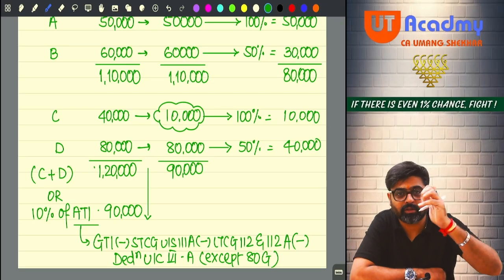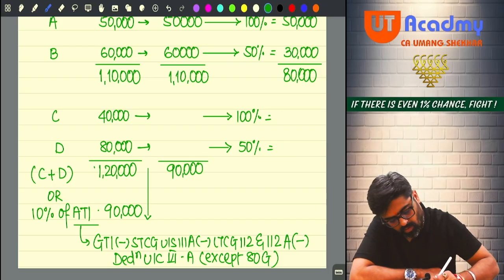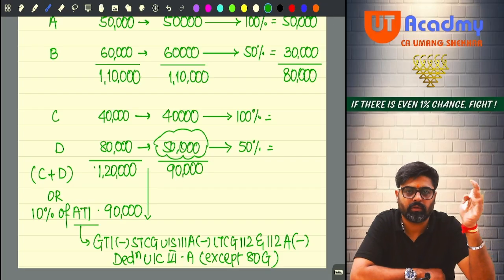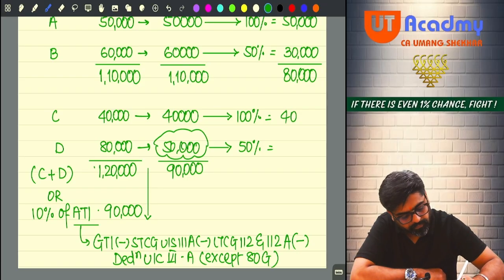But you can do the reverse also. Qualify this 40,000 fully, and out of this 80,000 qualify 50,000, so that the total is 90,000. Yes or no? 40,000 will be allowed fully, and this 50,000 will be allowed 25,000.